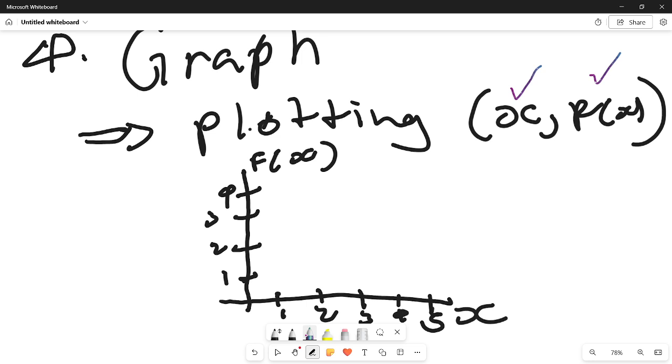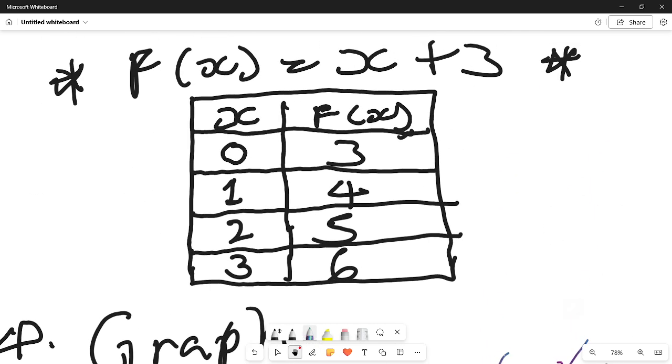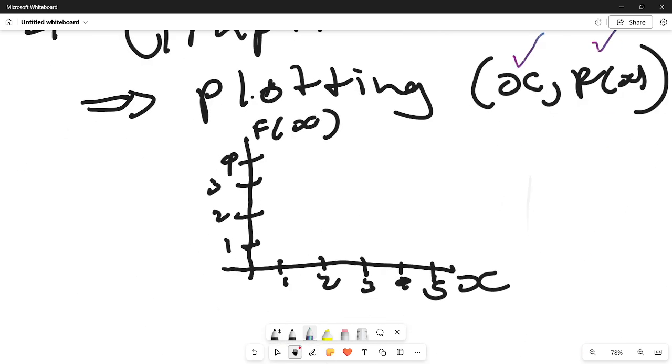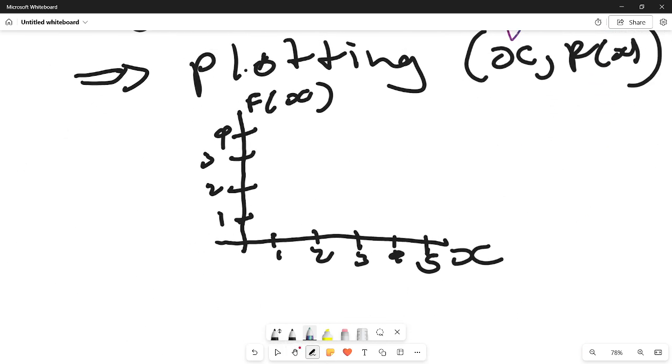From the previous scenario where we were looking at the values presented in table format, 0 was paired with 3, 1 was paired with 4, 2 was paired with 5, 3 was paired with 6. So in this case, we can just indicate the points on the graph.